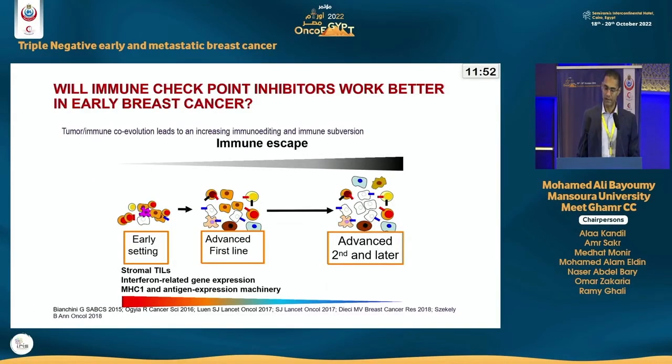As for the rationale for using immunotherapy in early triple negative breast cancer, you can see from this cartoon that with more and more advanced disease, you may have an immune escape for the tumor. I may introduce immunotherapy early in the early setting, and I can get a good benefit.